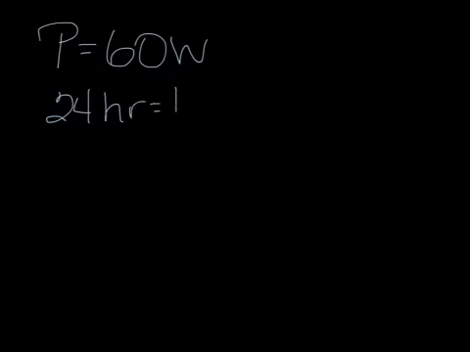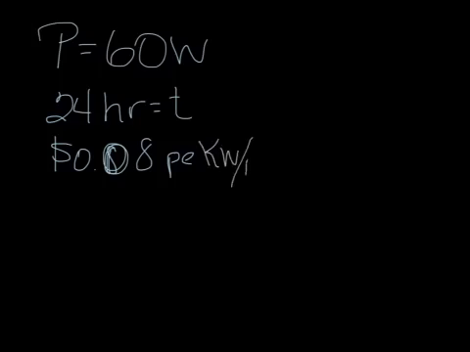That's the time that it ran. And let's say the electric company charges us 0.08 dollars, basically 8 cents per kilowatt hour. So how much does running that light bulb 24 hours really cost you?